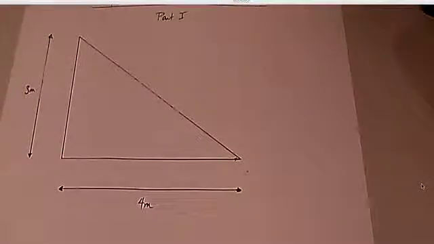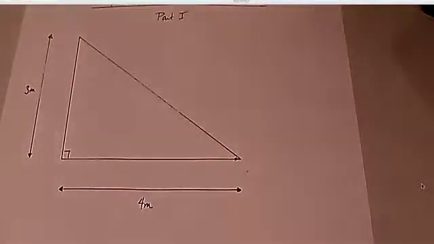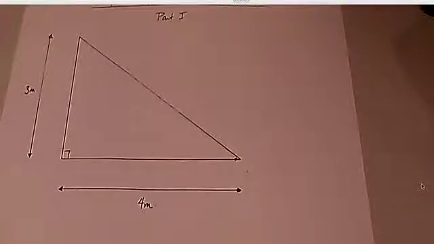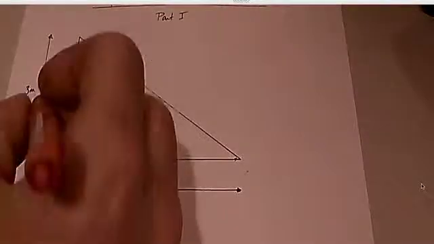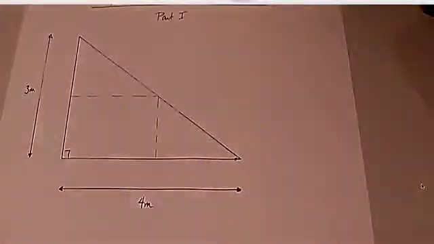Now, if you have a right triangle that is 3 by 4 along the legs, and let's say you want to inscribe a rectangle, okay? Of course that's just one example of where the rectangle could be.